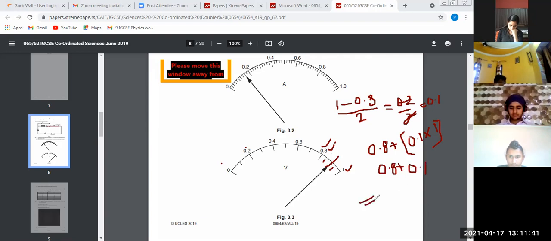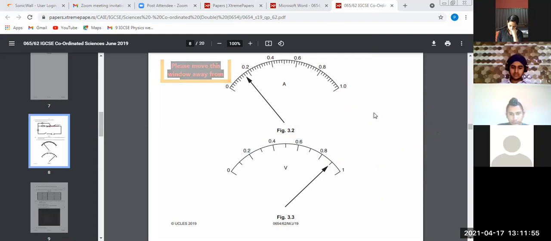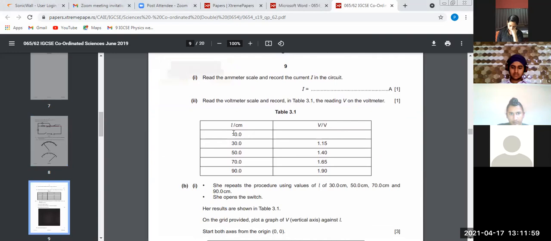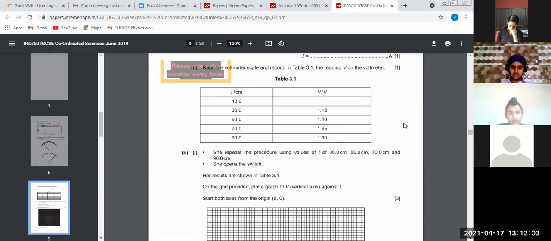So that gives you 0.9 volt. Fine. So you got the answer as 0.9. Chalo. Moving on. So here you are going to write the answer as 0.9 in the space.